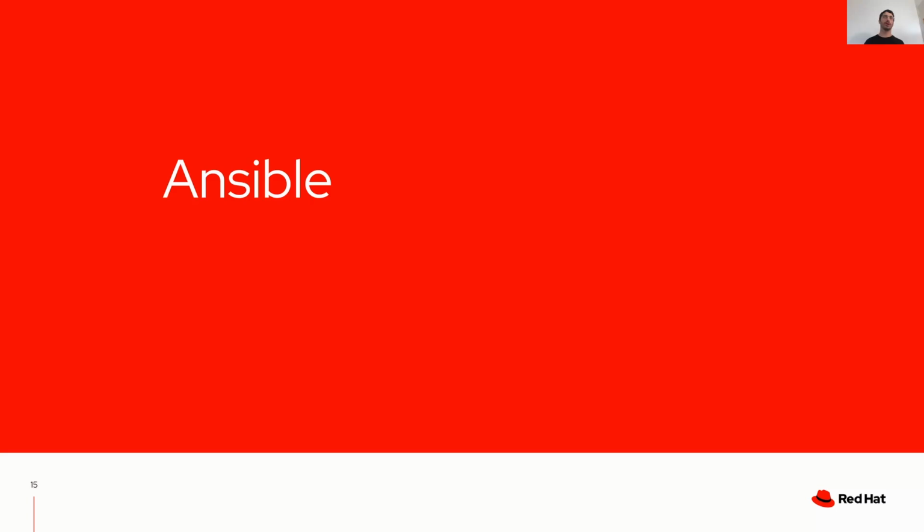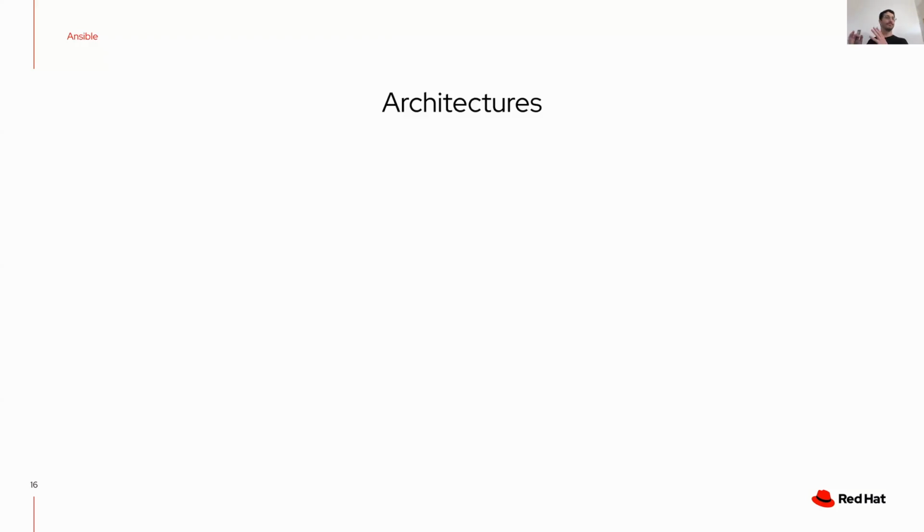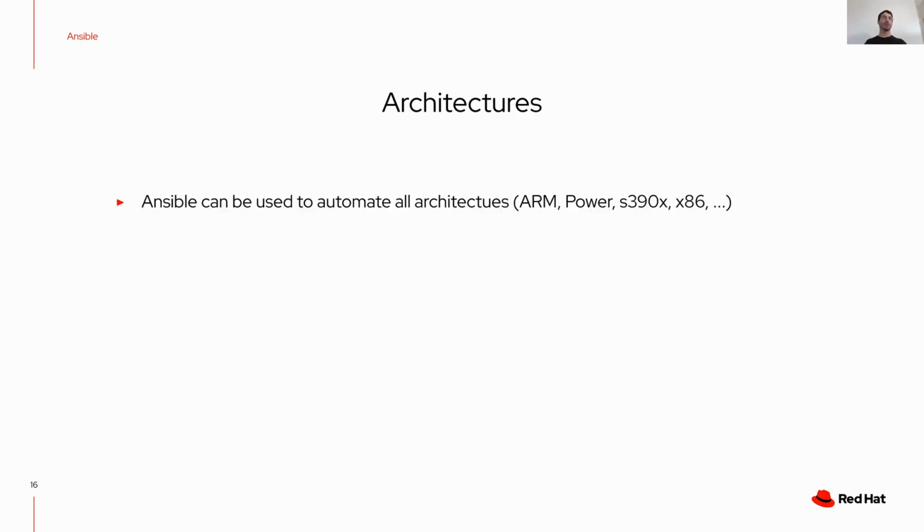So here, Ansible comes into the picture, and Ansible is an automation system, and I think it has a lot of interesting features. So let's start from what could be the very niche part of this. Which architectures are supported by Ansible? First of all, Ansible can automate all architectures.